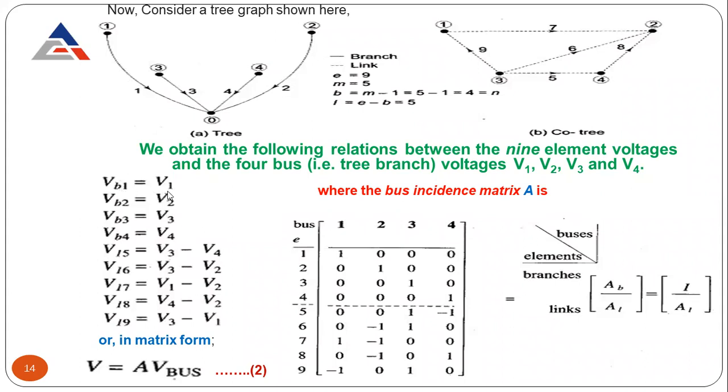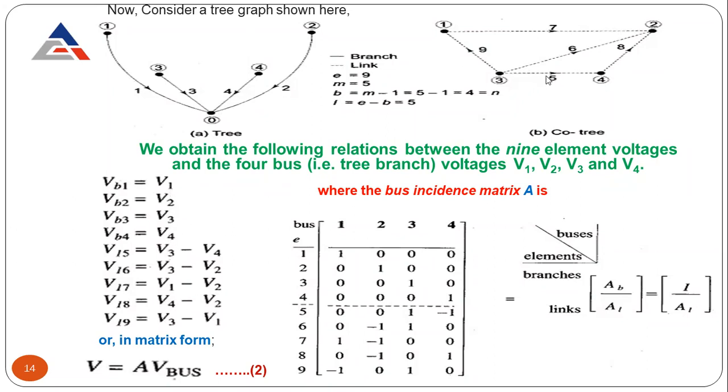So VB1 is equal to V1, and similarly VB2 is equal to V2, this one for branch 2, and VB3 is equal to V3, and VB4 is equal to V4. This is because one node is at the ground potential. So that's why the simple voltages V1, V2, V3 and V4 appear.